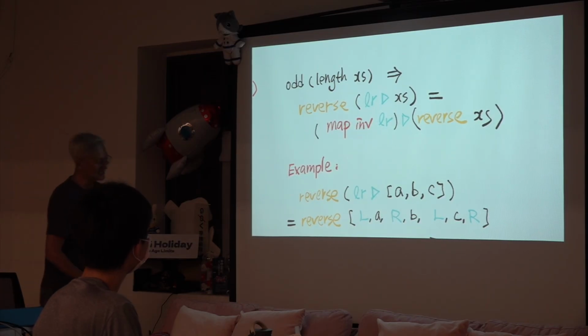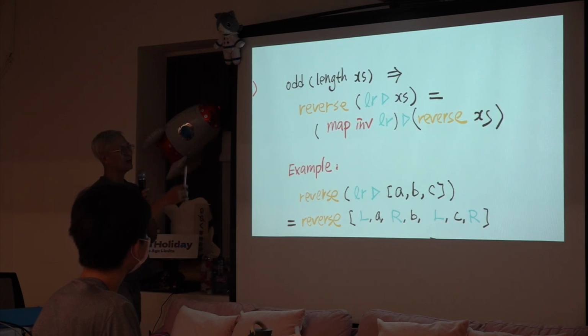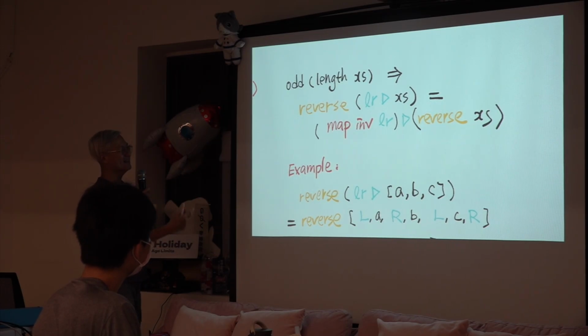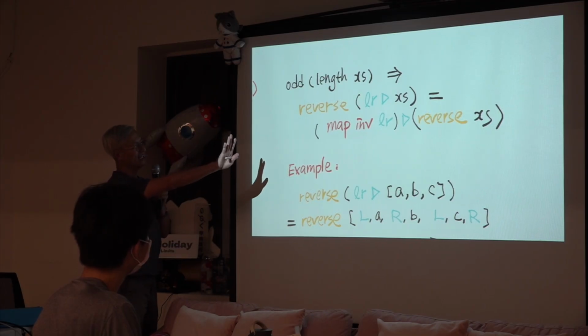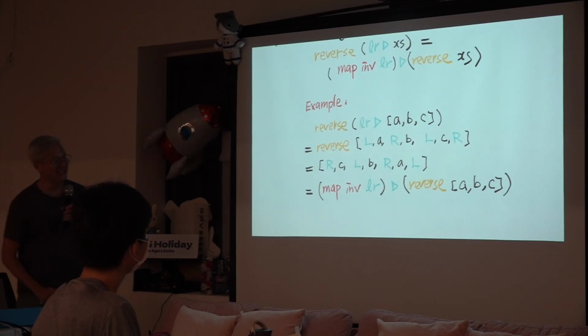On the right hand side, I am taking the inverse of LR, which is RL, but interleaving that into the reverse of axis. It's the same as interleaving LR into the list and then taking the reverse. To convince you, I'm doing this proof by example, which is not right.